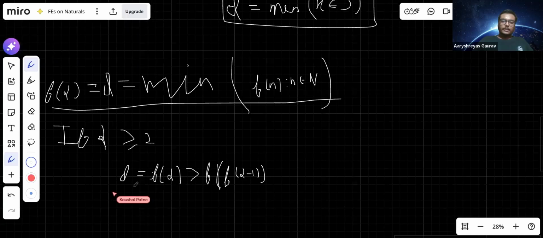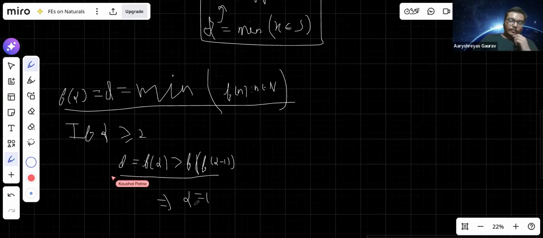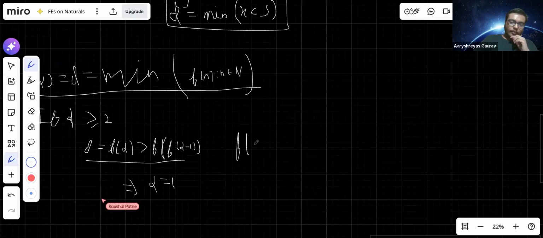So this contradicts my assumption and leads me to the fact that alpha is 1. Okay, we got the minimum as f of 1 is D, the minimum point.